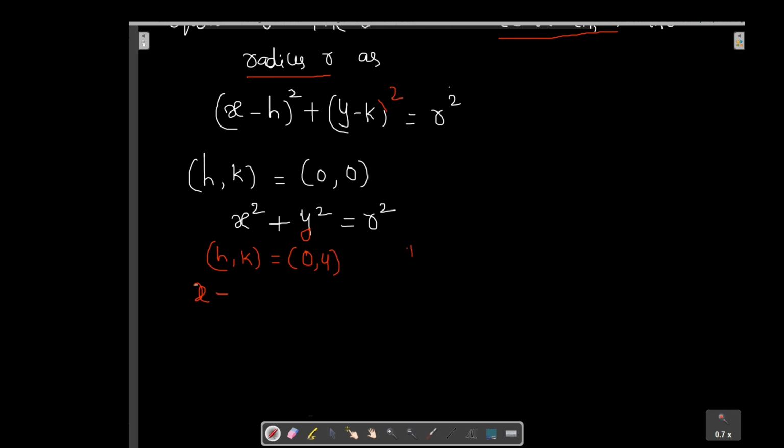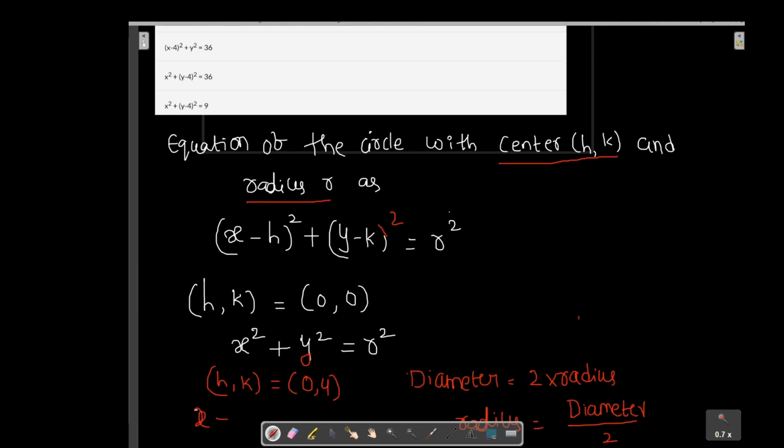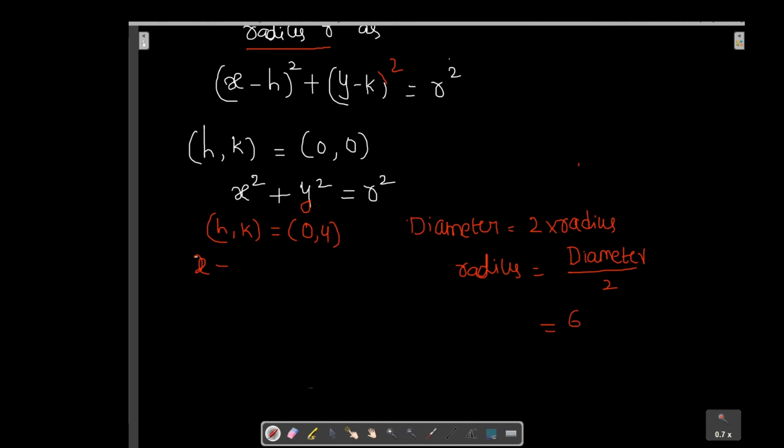Diameter equals to 2 times radius. So from this, radius is diameter by 2. Diameter they have given as 6 over 2, which is 3. Radius equals to 3, the center is 0 comma 4.